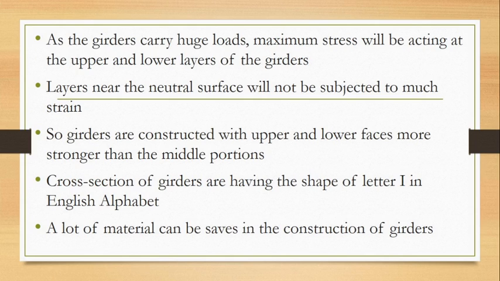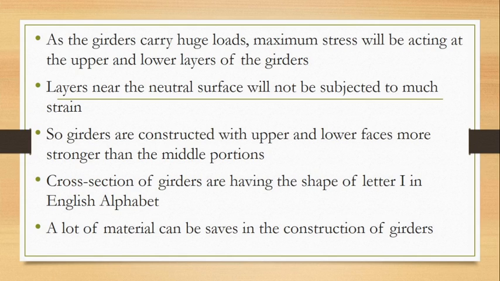So the cross section of girders has the shape of the letter I in the English alphabet. And making girders in the form of I will save a lot of material. So that is an advantage of making girders in the form of I.